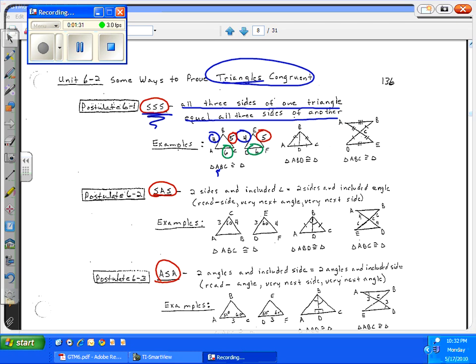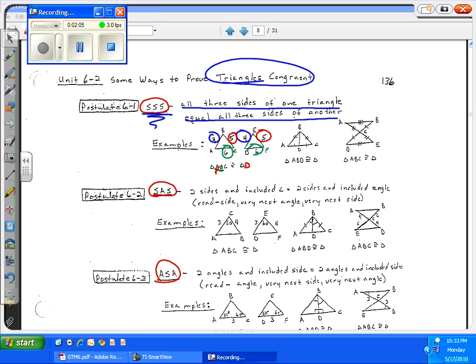Angle A, if you notice, is across from the 5. So I'm going to put a red mark. Across from the 5 in the second triangle is the D, so angle D has to go first because it's opposite the 5, and the A was opposite the 5, so A must be equal to D. Angle B was opposite the 6.